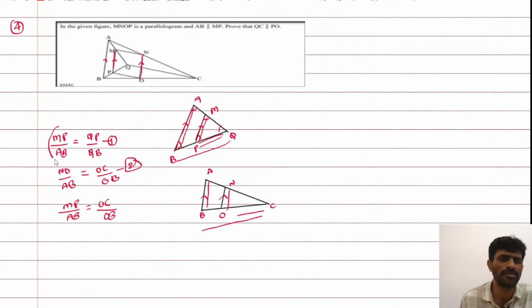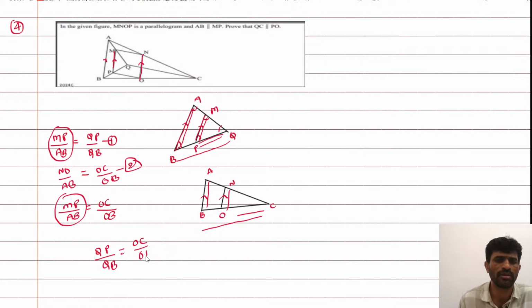So this is MP by AB. This is also MP by AB. Actually, this is NO by AB. But because it is a parallelogram, opposite sides are equal. So we can write NO is equal to MP. So we wrote MP by AB. Since these two are equal, you can write QP by QB is equal to OC by OB.